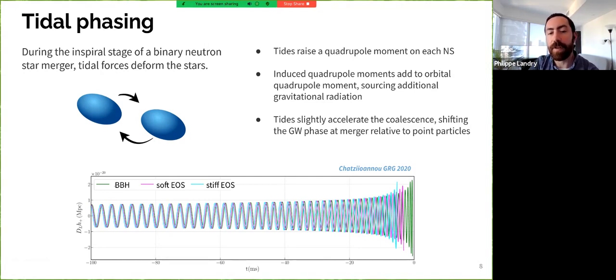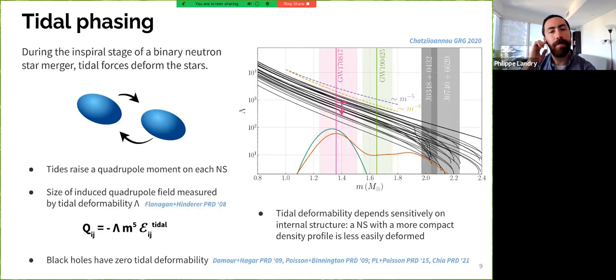And basically, the stiffer the equation of state, the bigger this mismatch in phase at merger compared to the BBH case. And so when we observe gravitational waves, we can try and measure this phase offset versus the case for point particles. We just model the waveform with and without tidal effects and see this difference.